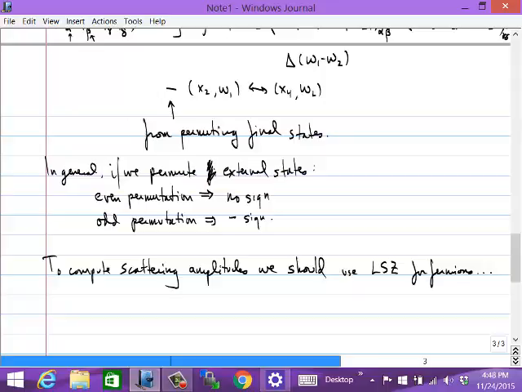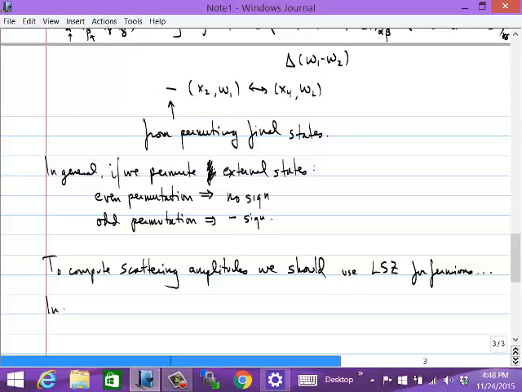So without any further ado, let me just go ahead and write down the momentum space Feynman rules for this Yukawa theory. The Feynman rules for quantum electrodynamics will just be one tiny modification of these.